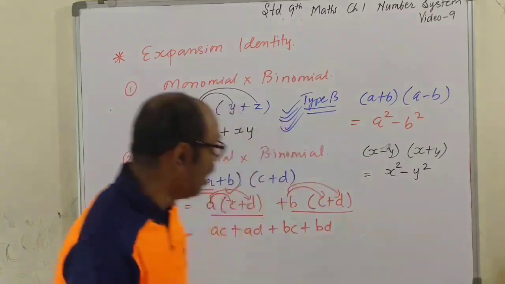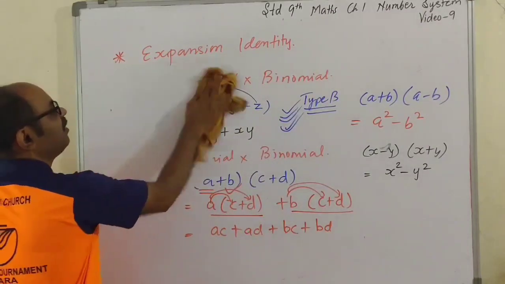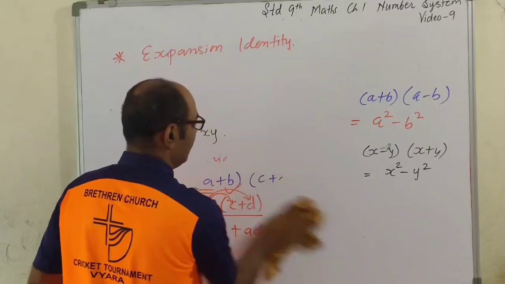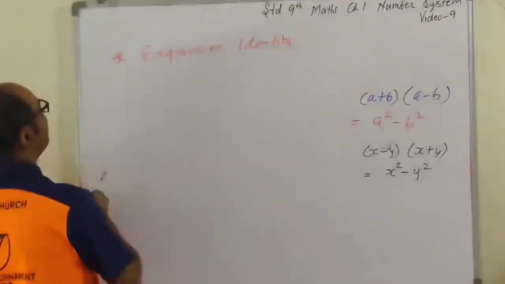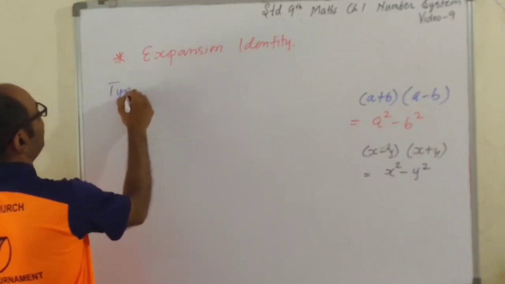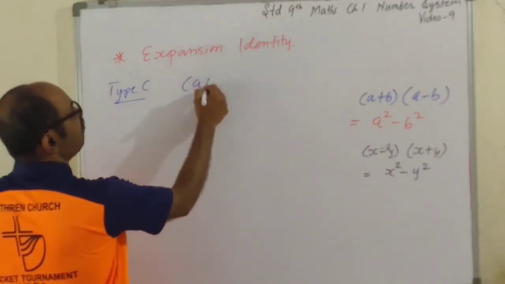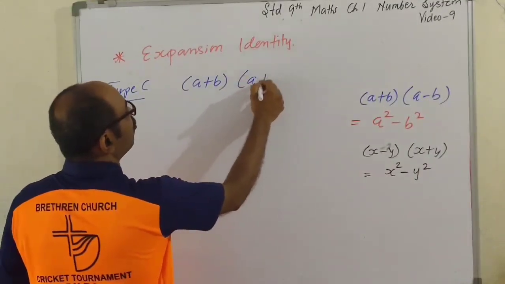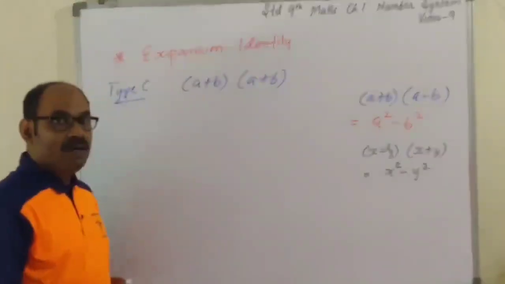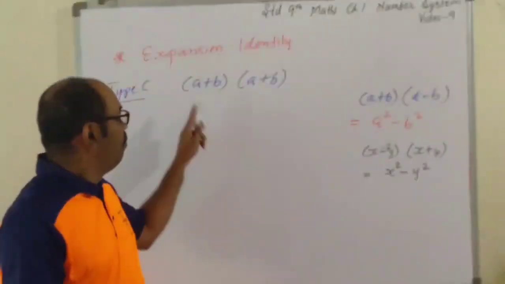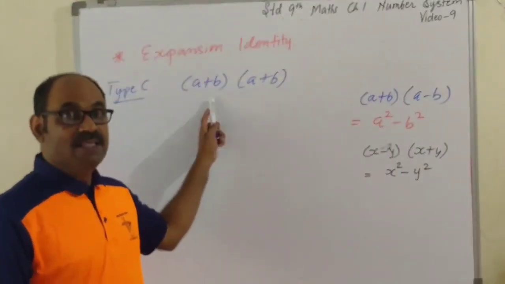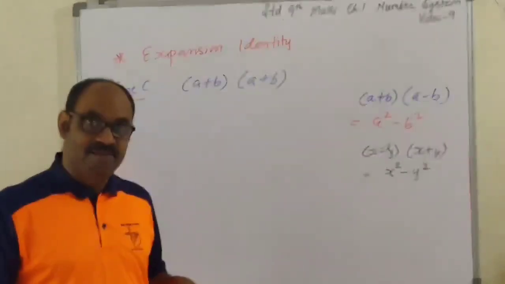Okay. Now, third, I mean type C. Binomial into binomial type C. Type C. A plus B into A plus B. Arey, what is the characteristics of terms in type C? पहले term भी same, second terms are also same.